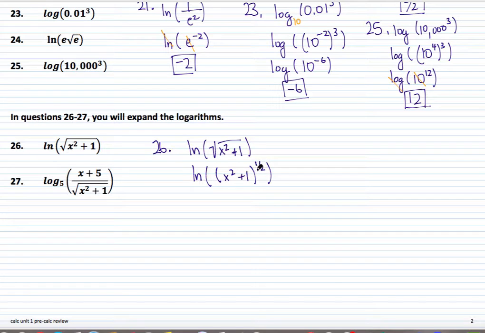So I can actually take this 1/2 and pull it out of my natural log. So I can write this as 1/2 times ln of x squared plus 1. And really you can leave it just like this if you wanted to. I think I'm going to.